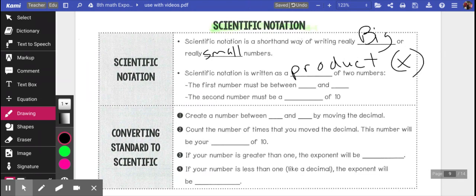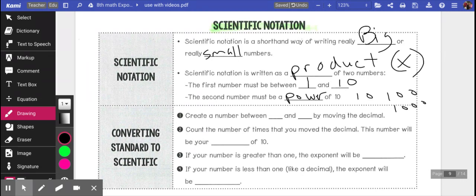The first number must be between 1 and 10, and the second number must be a power of 10. A power of 10 is like 10, 100, 1,000.